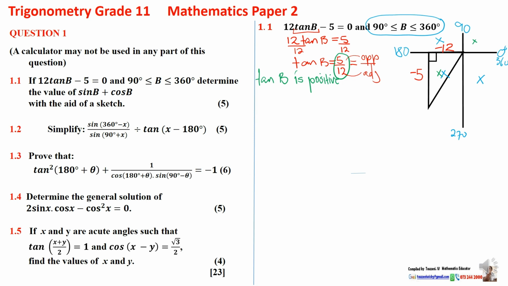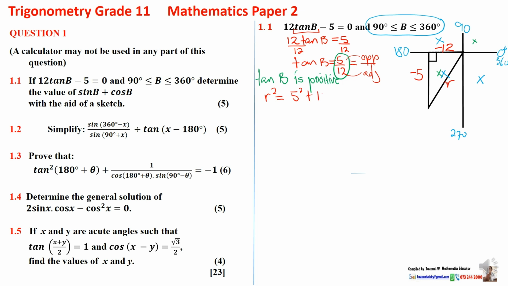Now, to carry on, we calculate the third side of the triangle using the theorem of Pythagoras. I'll be trusting that you know how to apply the theorem of Pythagoras. So let's call this side r. Then I can say r squared is equal to 5 squared plus 12 squared.